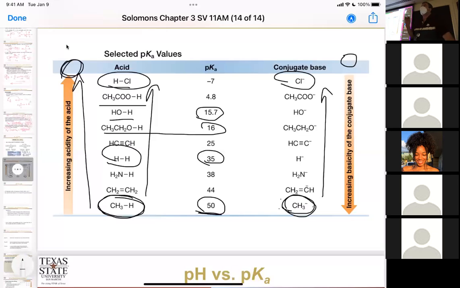Now, do not confuse pKa with pH. We do not have to have water in our system to have a pKa, because we can't have water in our system if we have this base, because it's going to take all the protons off everything below it, including water, hydrogen, alcohols.